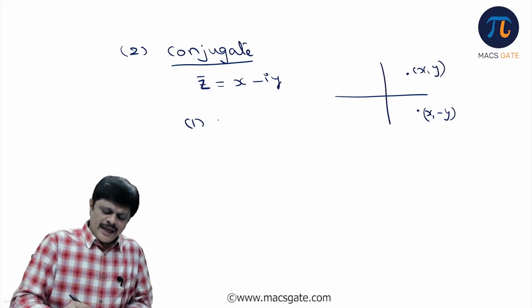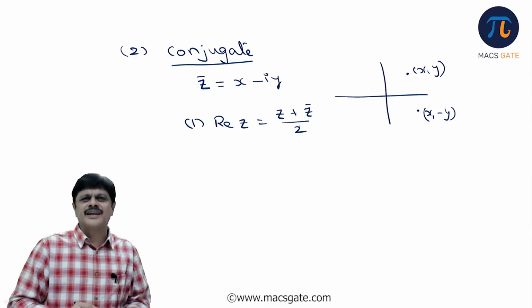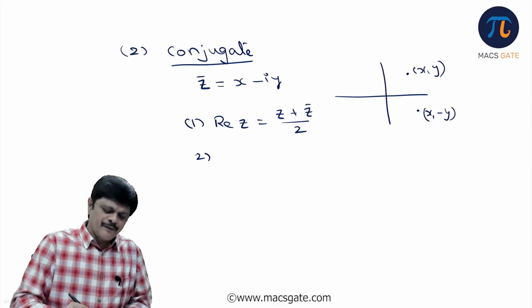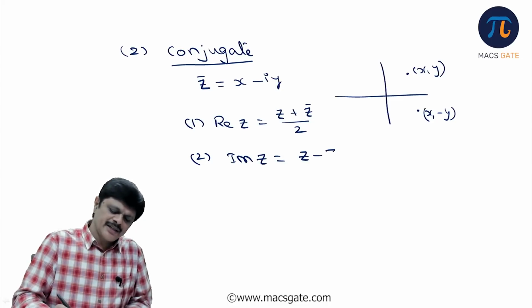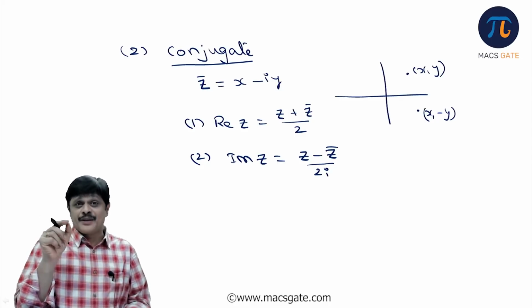If you want to get the real part of z, you can get it by z plus z conjugate by 2. What is the real part of z? x. And if you want to get the imaginary part of z, you can get it as z minus z conjugate by 2i. The imaginary part is y, not iy.